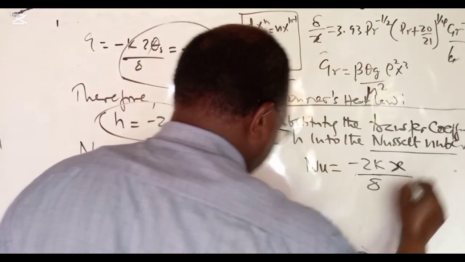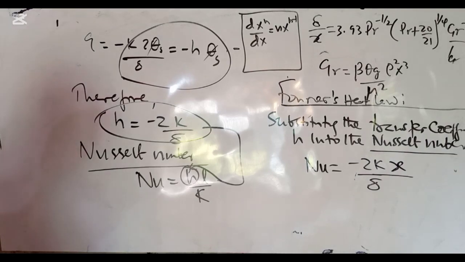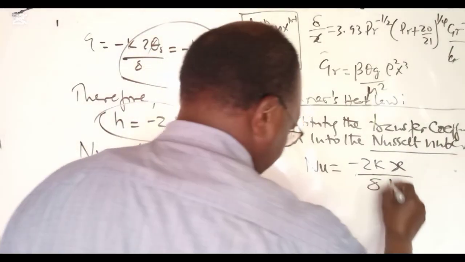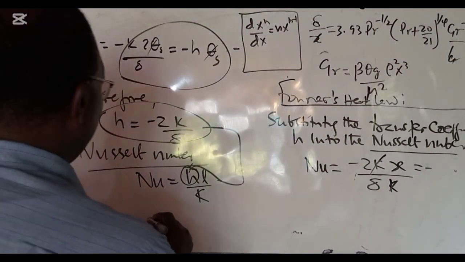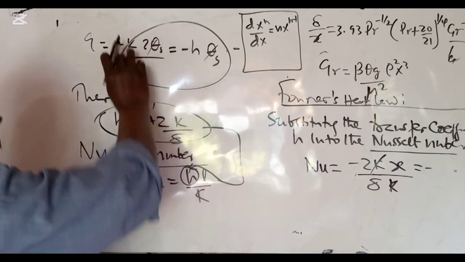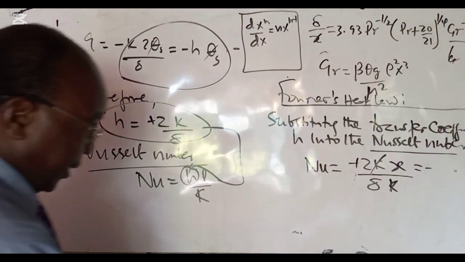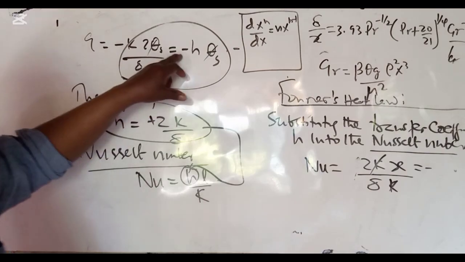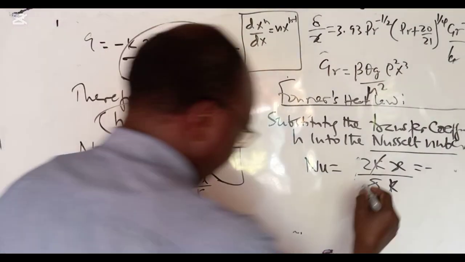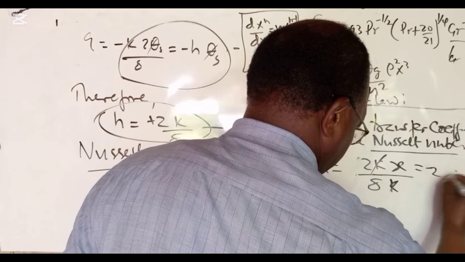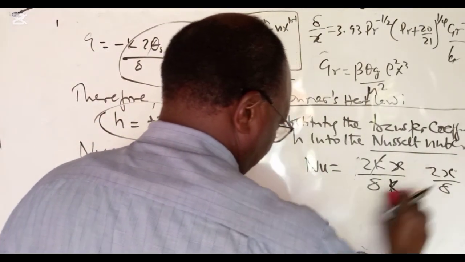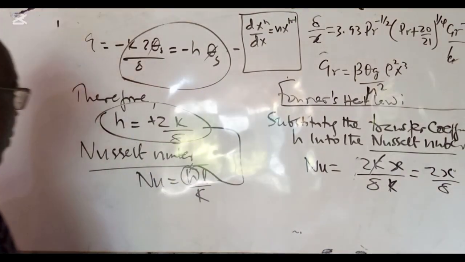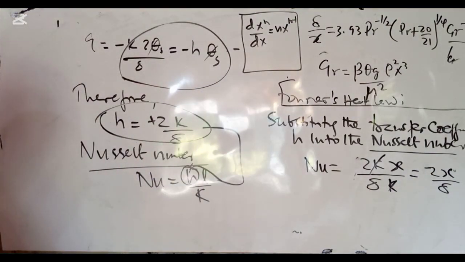Let's call that x instead of L, because we're dealing with the length in the x direction. Now x there divided by K. There should be no minus here because the minus signs have cancelled out, so we don't need the minus there. So we have 2x over sigma.